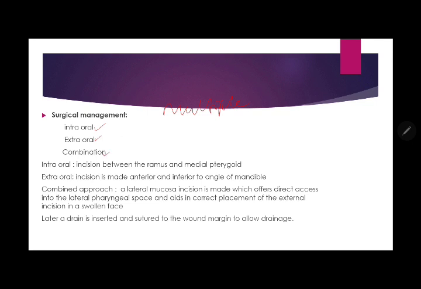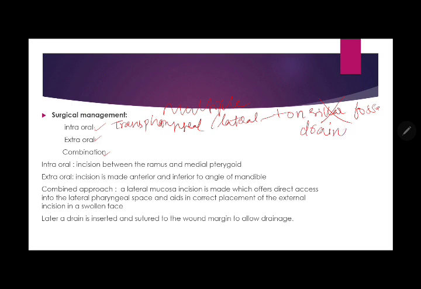In the intraoral, this intraoral incision can be either transpharyngeal or lateral, but this transpharyngeal approach is made through tonsillar fossa, but this approach is not recommended since adequate drainage is very difficult to obtain.